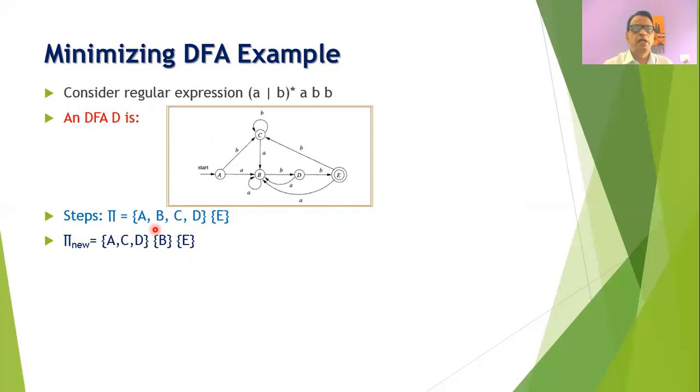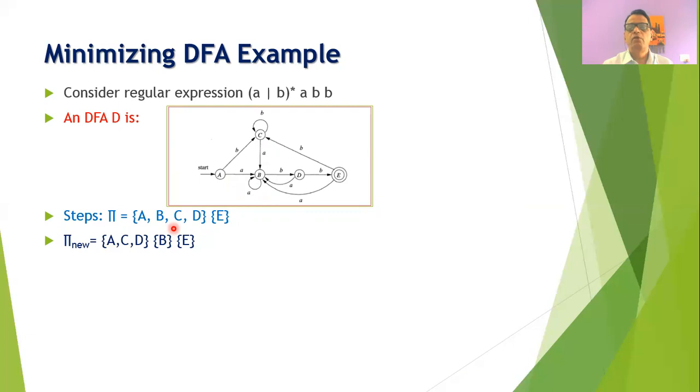That is, from the state A, on the input symbol a, there is a transition to the state B. Also, from the state B, on the input symbol a, there is a transition to the state B. From the state C, on the input symbol a, there is a transition to the state B. From the state D, on the input symbol a, there is a transition to the state B. So as far as the symbol a is concerned, no further partitioning is possible.